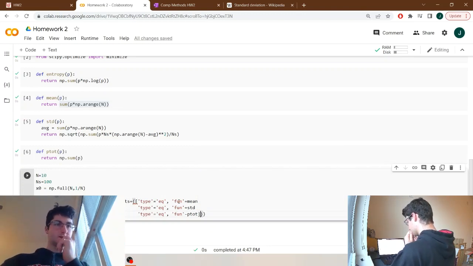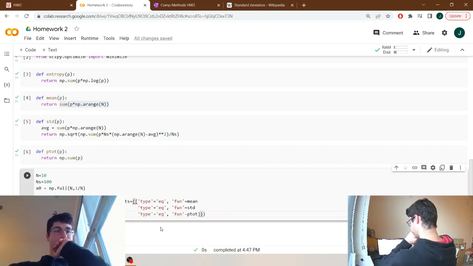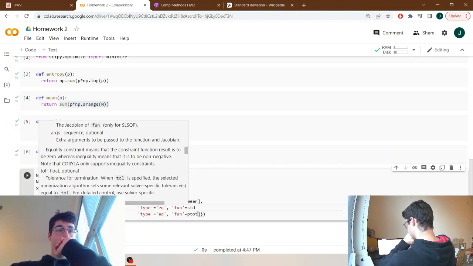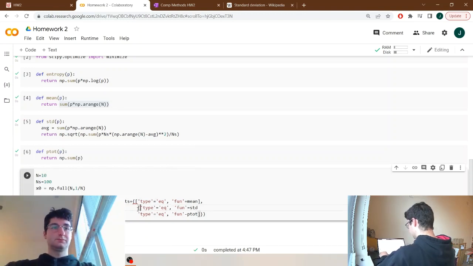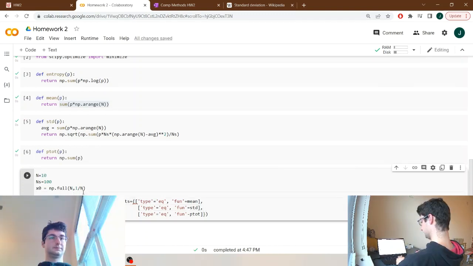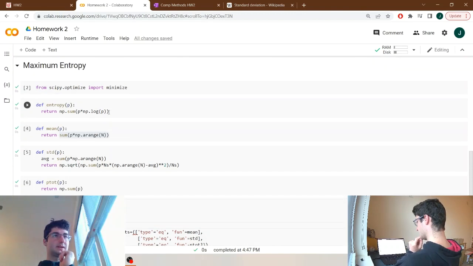How do we set these equal to specific numbers? Saying is equal, we're saying these constraints equal to these functions. So that means that we have to put it here.